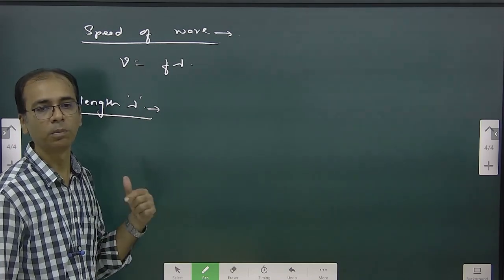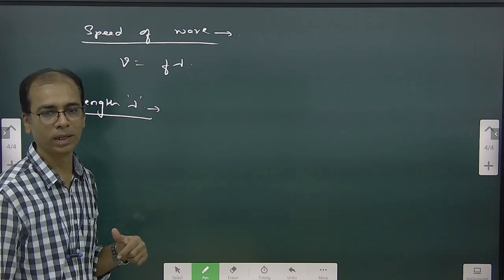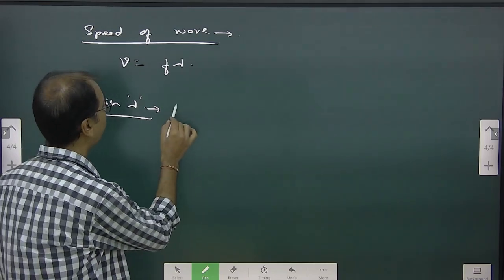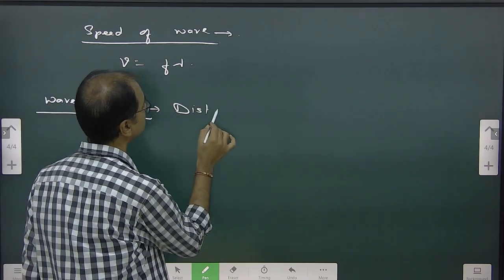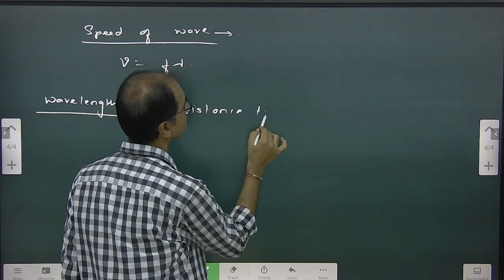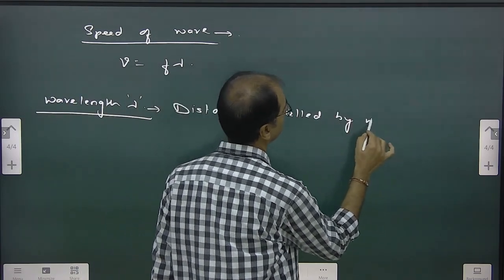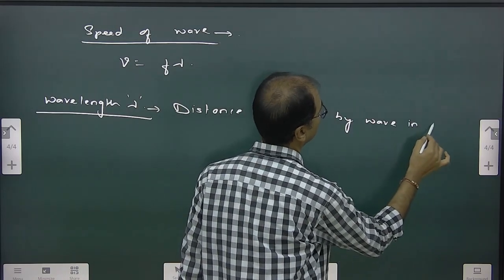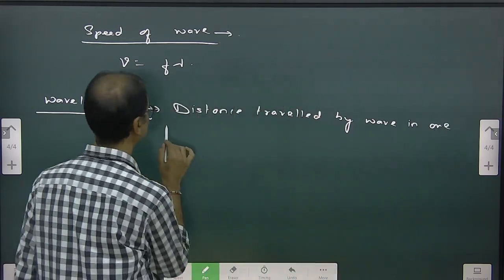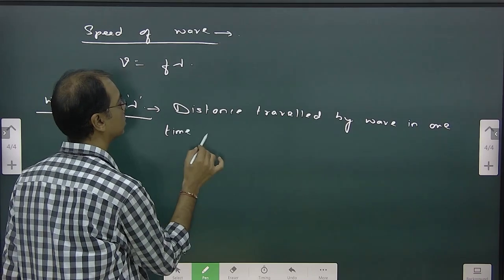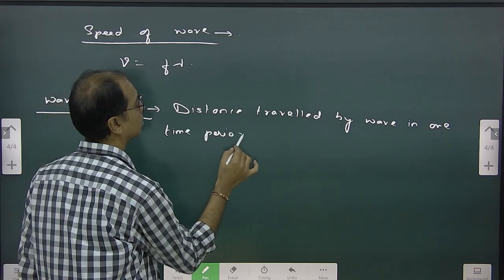The time of one oscillation is called one time period. So the distance traveled by the wave in one time period is the wavelength.